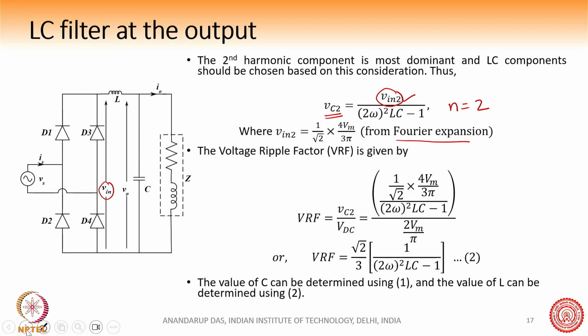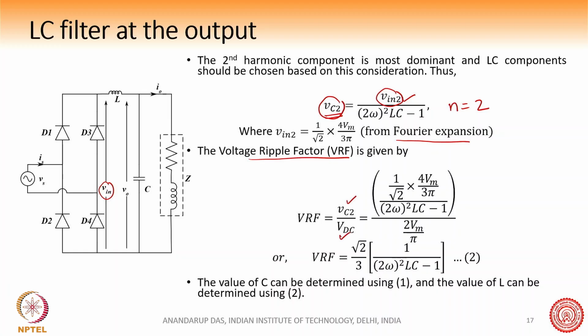So we can put it here, 1 by root 2 into 4 Vm by 3 pi from the Fourier expansion. So this is VC2, the second harmonic component of the capacitor voltage. Now there is something called the voltage ripple factor, VRF, and VRF is VC2 divided by VDC.